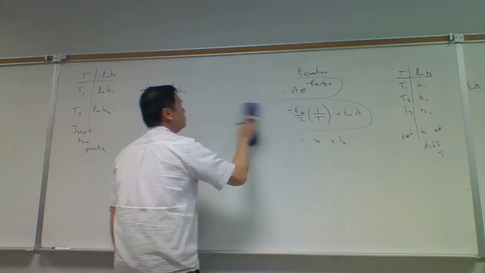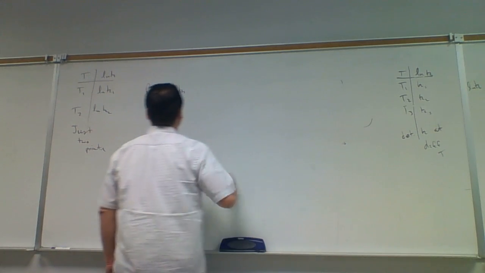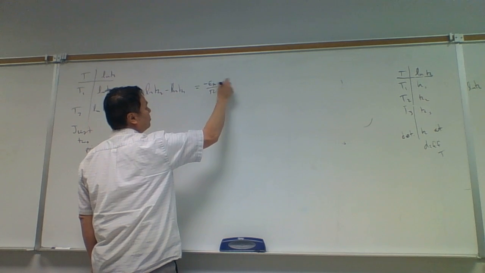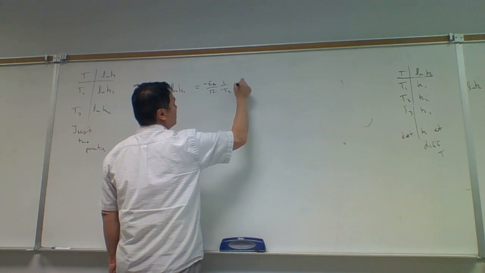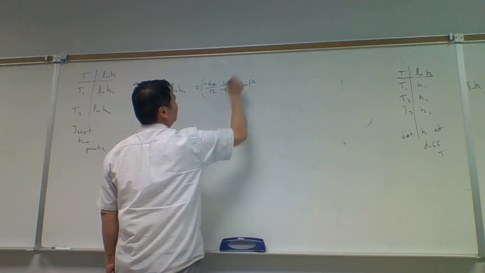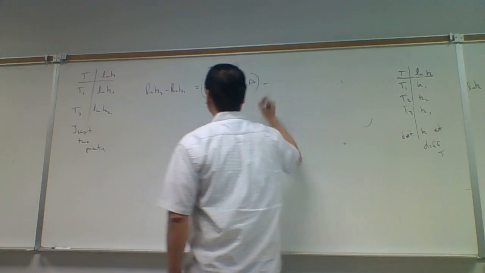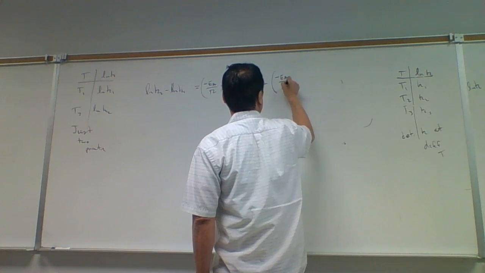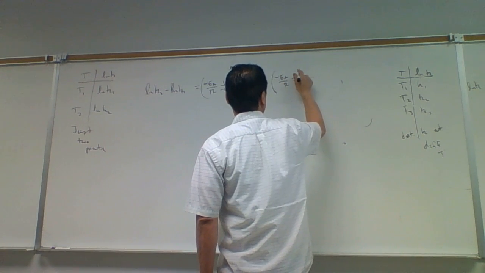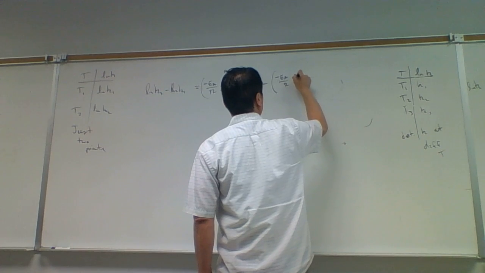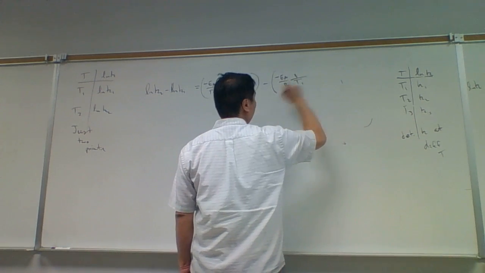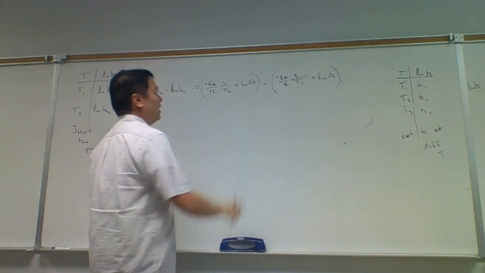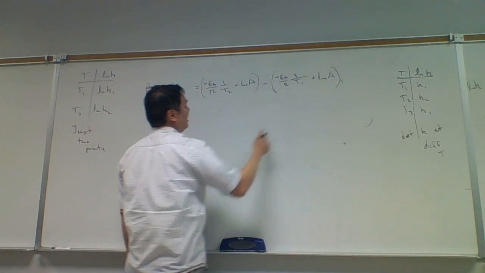ln of k2 is equal to minus Ea over R, 1 over T2, plus ln of A, minus ln of k1, which is minus Ea over R, 1 over T1, plus ln of A. So we have ln of A minus ln of A; ln of A cancels out.